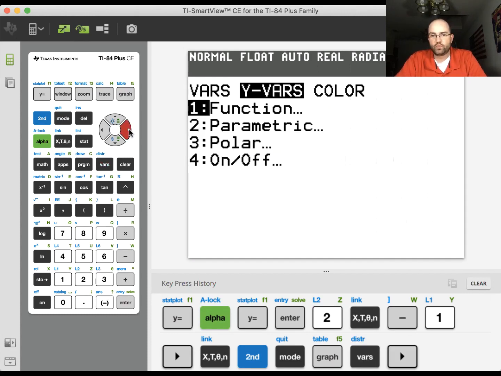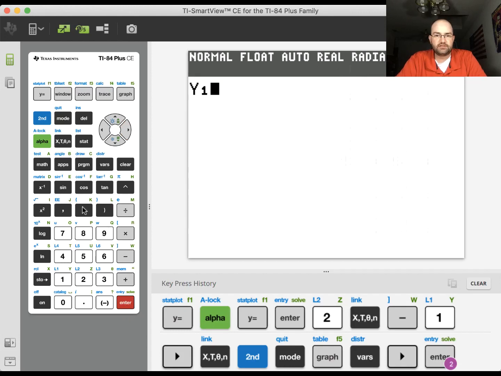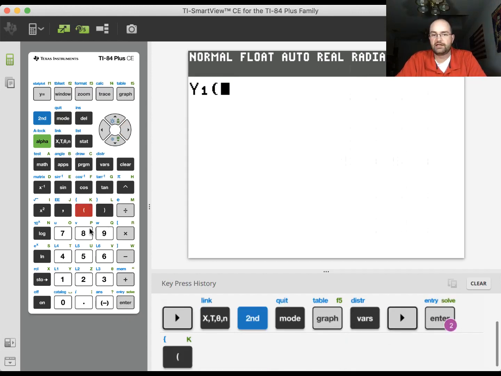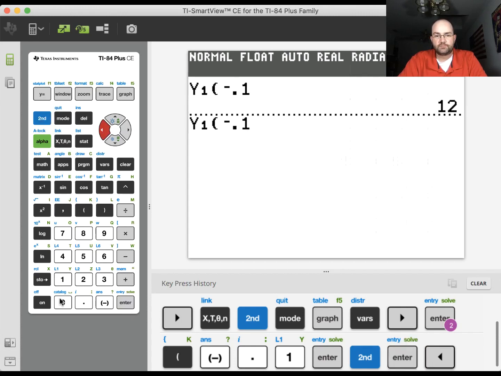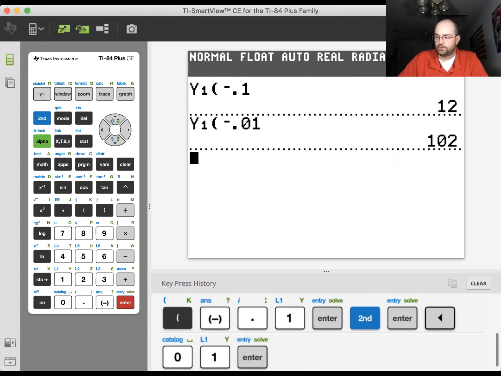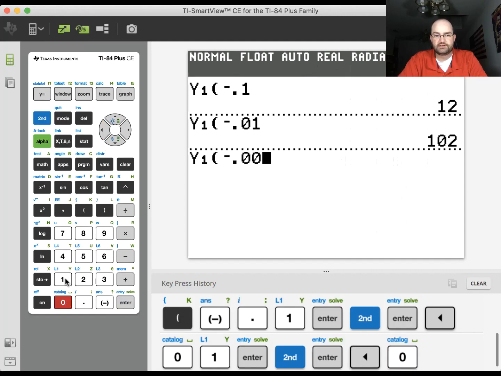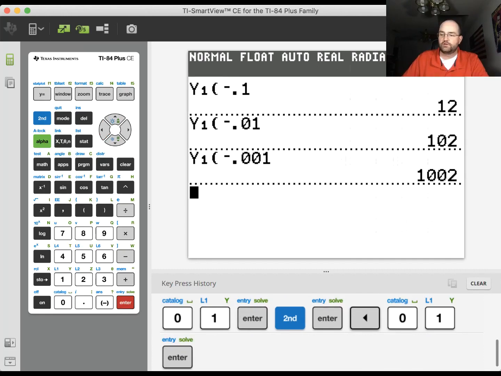But let's go to vars, right 1, enter, and type in these x values that we are looking at, starting out with negative 0.1, and then enter. That tells me 12. Negative 0.01 gives me 102. Negative 0.001 will give me 1002.